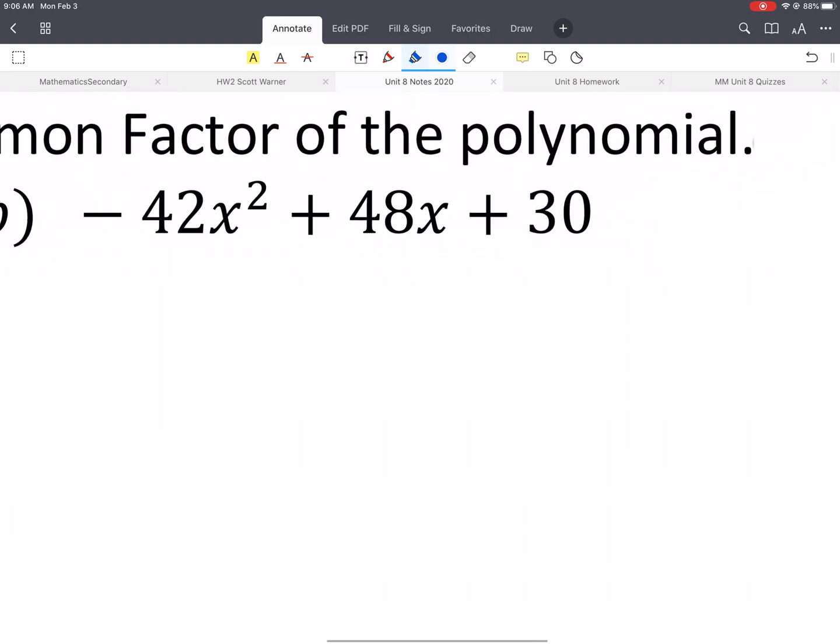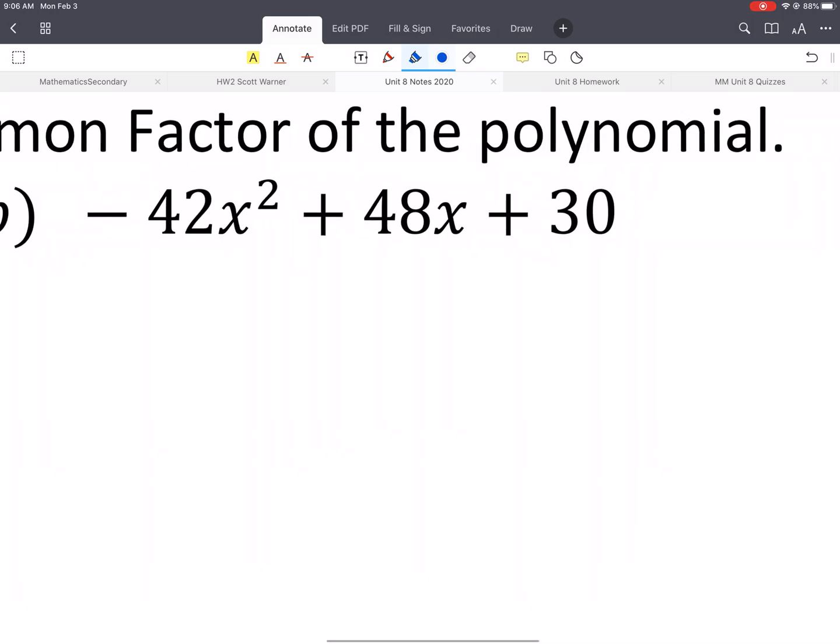Okay, same deal. What can go into all three numbers, coefficients? So we could do 1 and 42, 2 and 21, 3 and 14, 4 doesn't go in, 5 doesn't go in, 6 and 7.